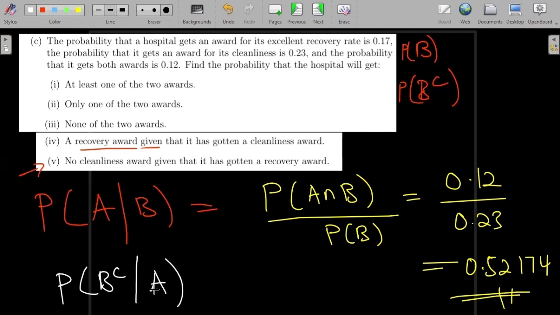Okay, so from there now, how are we going to calculate it?